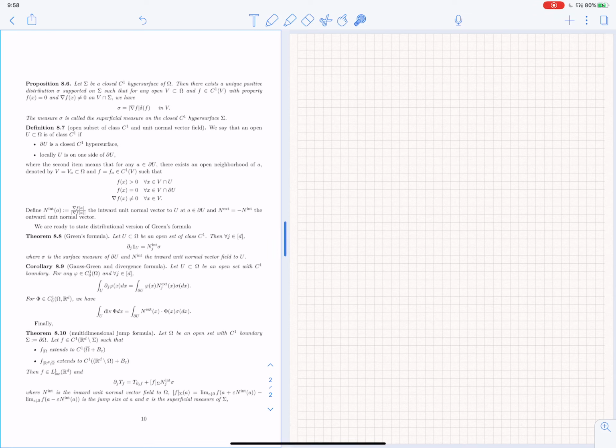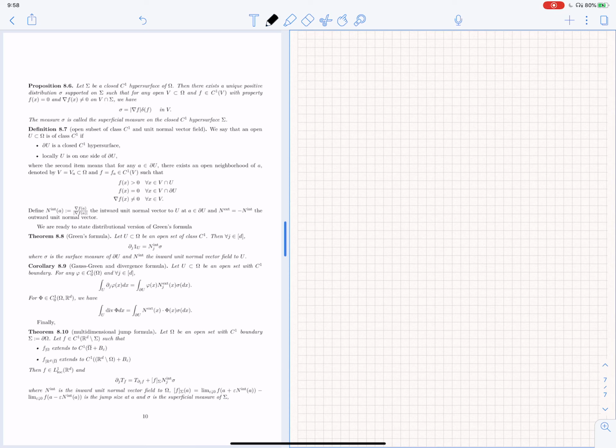Okay, so this is our strategy. To this end, let's introduce a function. Theorem 8.8, proof.